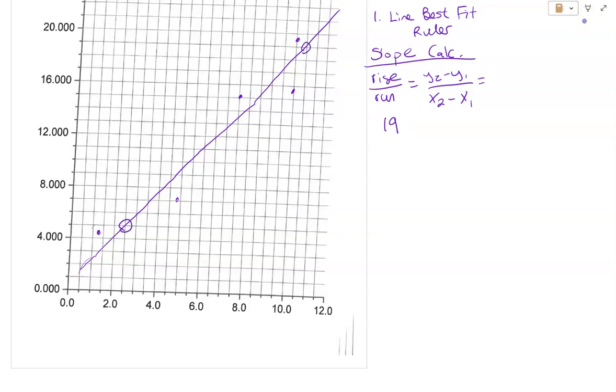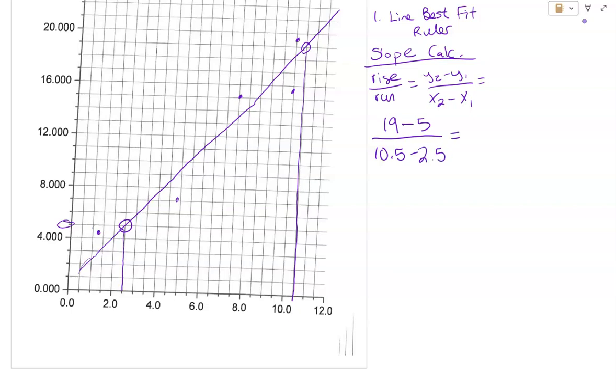You're going to circle your spots. 19 minus 5 goes on top. That's my y. Sorry, guys. And then for my x-axis, that's 10.5 minus 2.5.